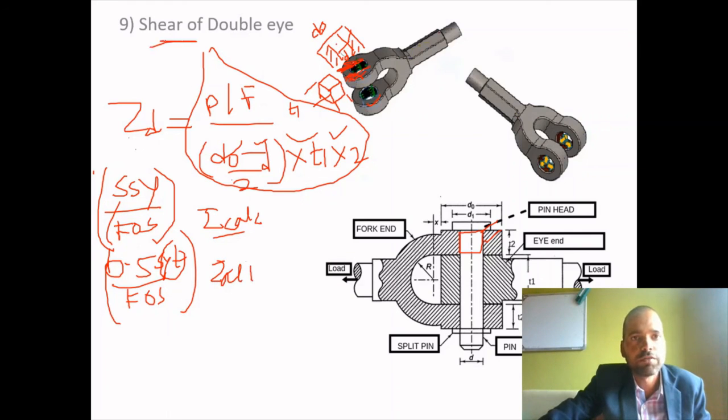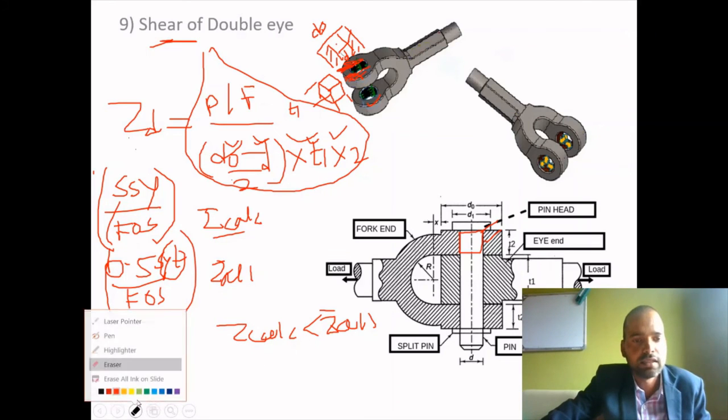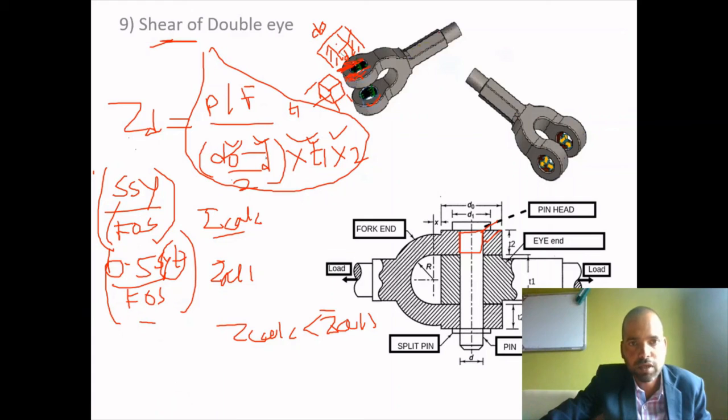To avoid shear failure of the double eye for these dimensions, the calculated value of the shear stress has to be less than the allowable shear stress. That is the equation we have to remember, right? Then the dimensions we have assumed or taken with the empirical relation and stress equation are safe. Understand? So this is about shear failure of the double eye.